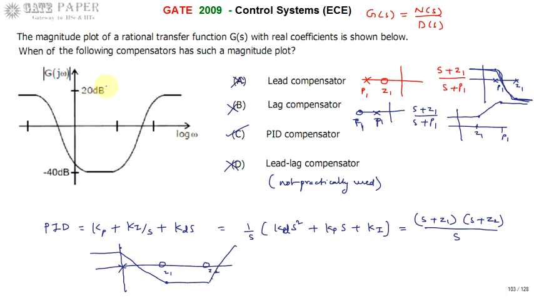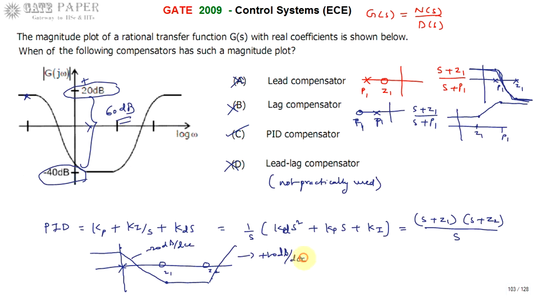You may be confused by this. The plot shows minus 20 decibels, plus 20 decibels and minus 40 decibels, so the difference between these two points is 60 decibels. But here we are going by slope, the change between these two points. The change between these two points is 60 decibels, but this part has a minus 20 dB per decade slope and this part has plus 20 dB per decade.